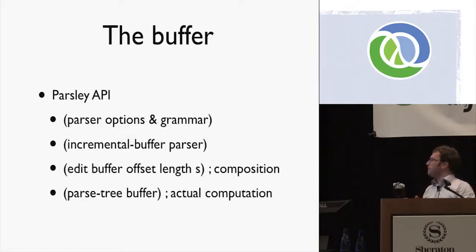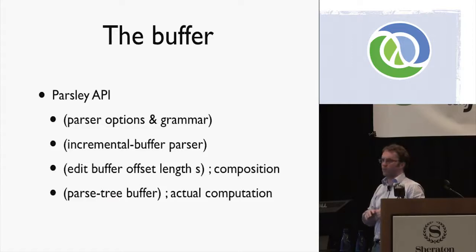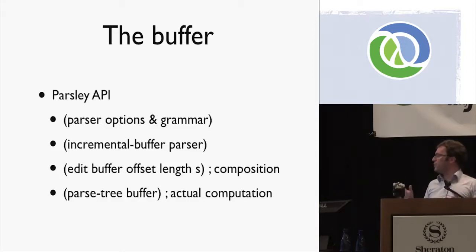So the primary API is the buffer. This is what Parser exposes. There's the parser function, which returns the actual parser, and we simply take a grammar specification and some options.